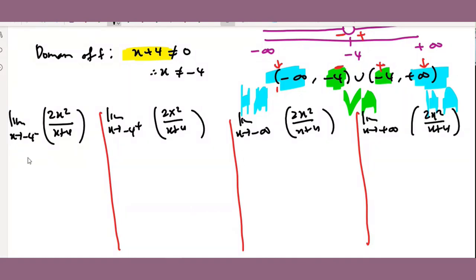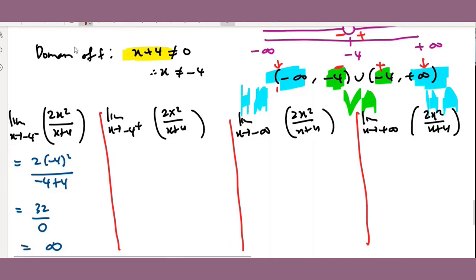Okay, then substitute. First step, always substitute. 2 times negative 4 squared, over negative 4 plus 4. Then 16, 32, over 0. And then infinity. Once you get infinity, you have to narrow down. Kena check detail. Negative 4 from left.